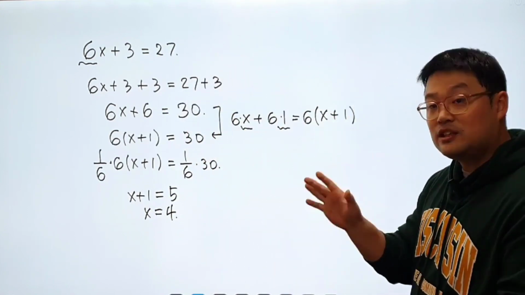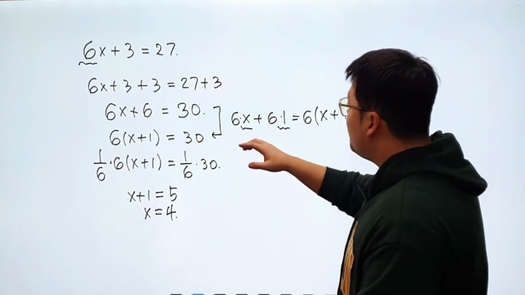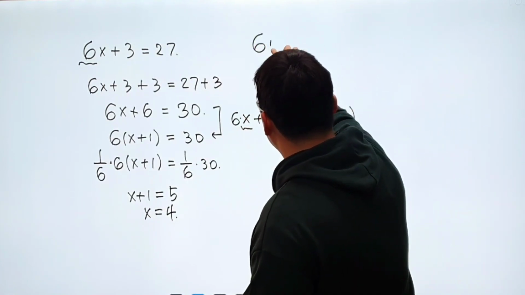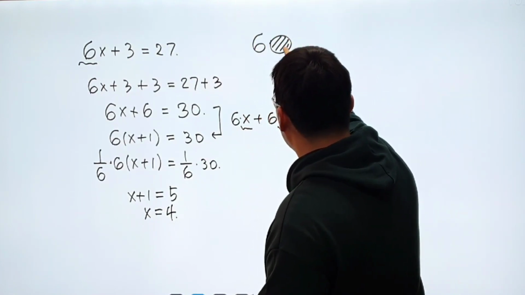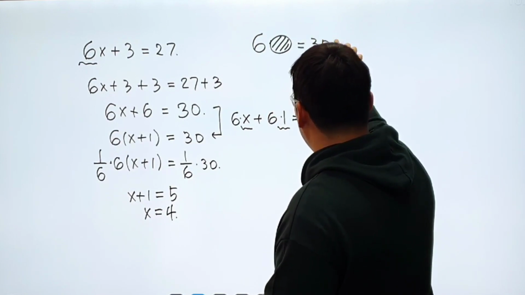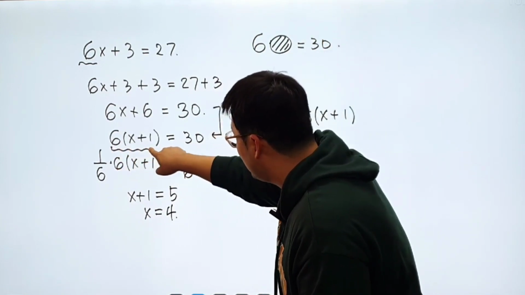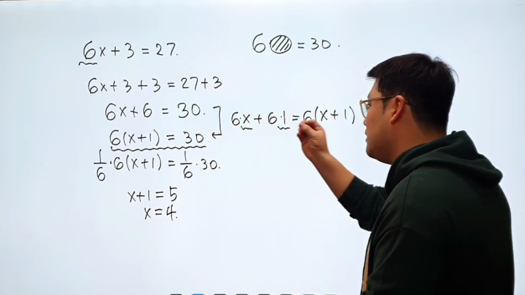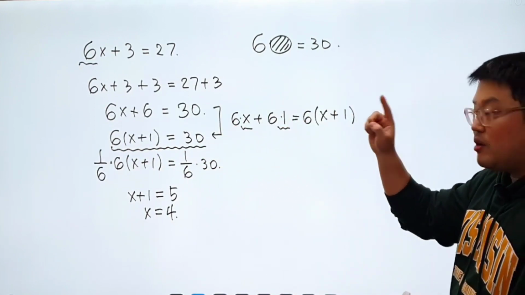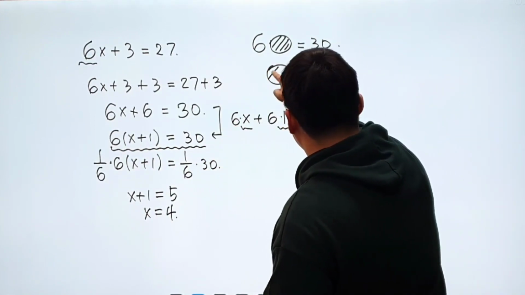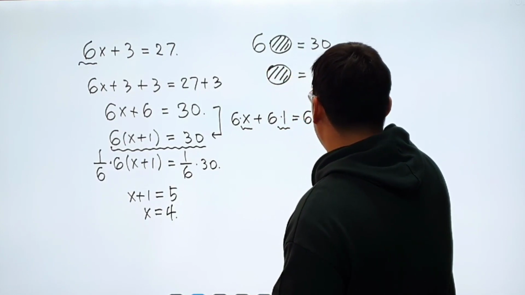Now, here's one extra note that I want you to see. If I have some 6 times something, some block of a number, which is going to be 30, as you can see from here, if I bring this particular equation outside, you notice that this particular value should be just 5, right?